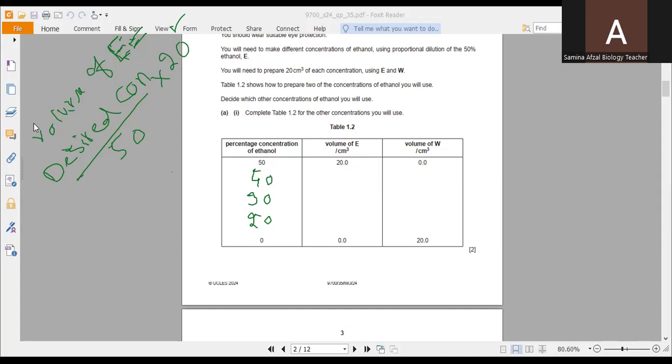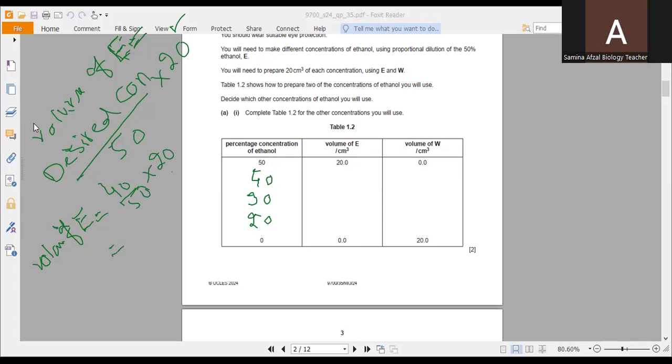So the desired concentration here in this case is 40. Volume of E is equal to 40 divided by 50 multiplied by 20. 20 is that quantity which we want.